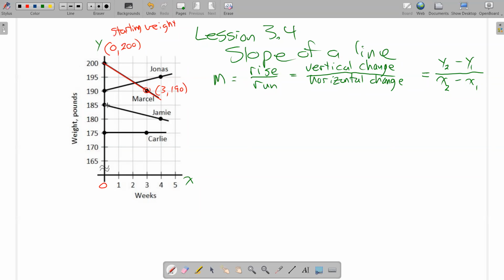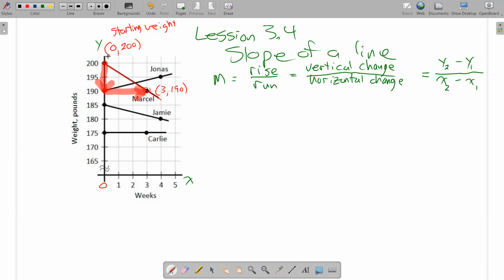Now, I can just look at this and kind of see what's going on. I don't really have to use that formula when I have a graph, but I will in just a sec. When I look at this graph, I can clearly see that Marcel's weight dropped, right? It went zoom down to there, and that happened over that 3-week time period.